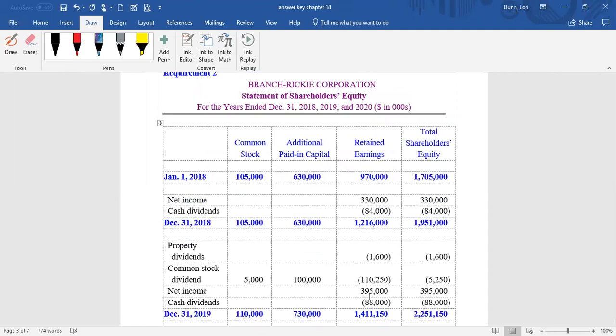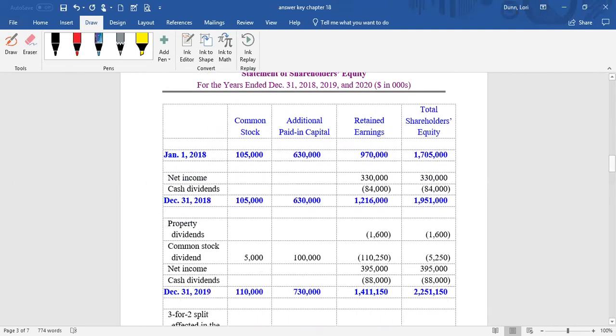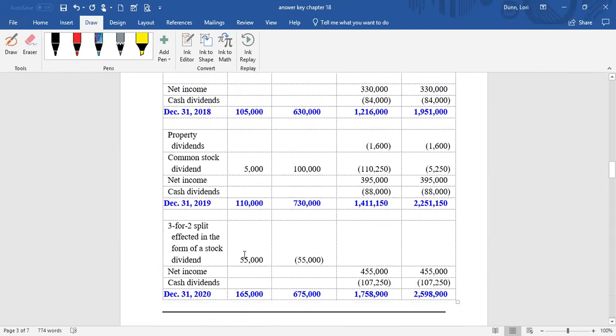There's our common stock. Common stock starts January 1 with 105 million balance. We then increased it during 2019 because of a common stock dividend, 5 million. Then we increased it again for this 3-for-2 stock split that was effected in the form of a stock dividend, 55 million.